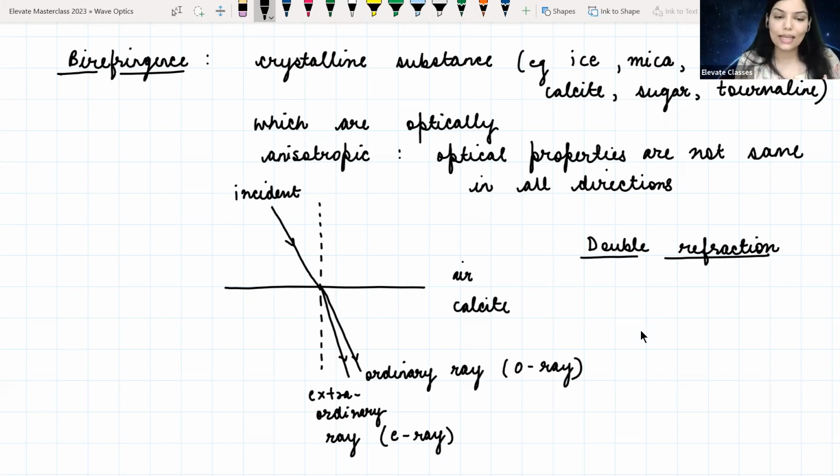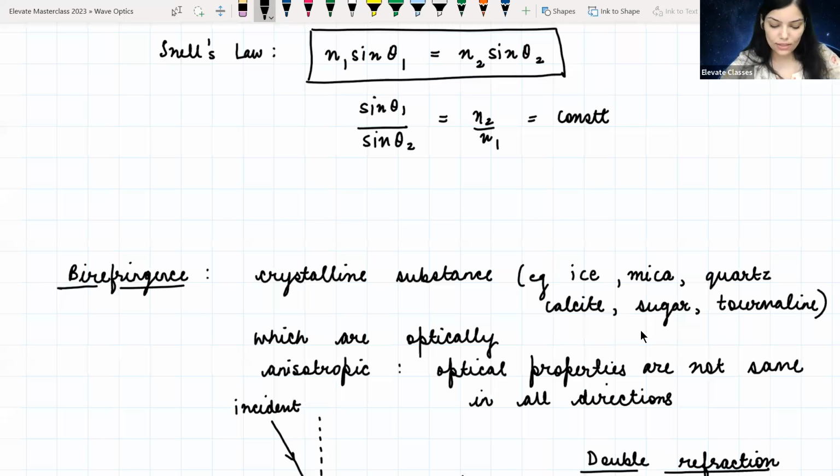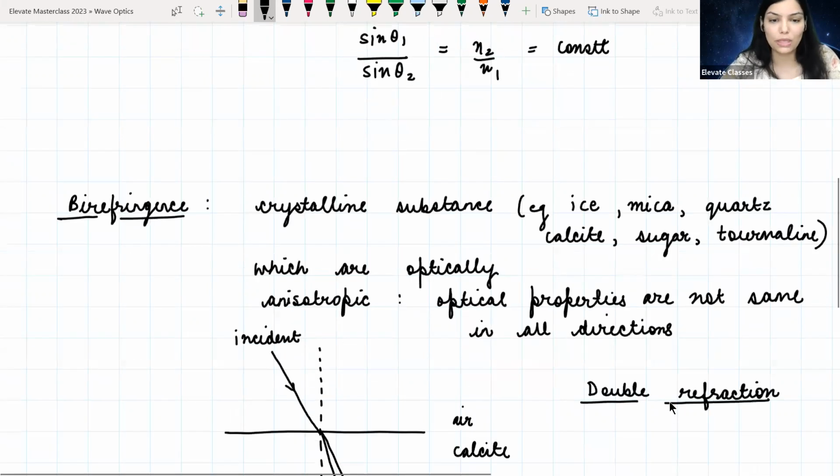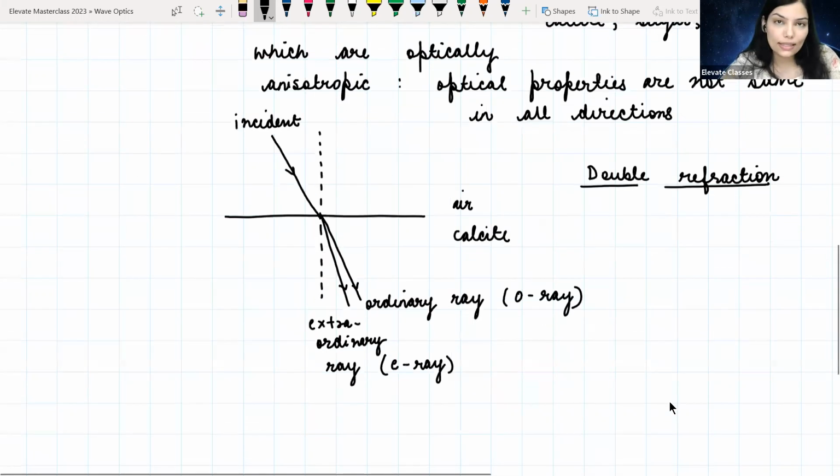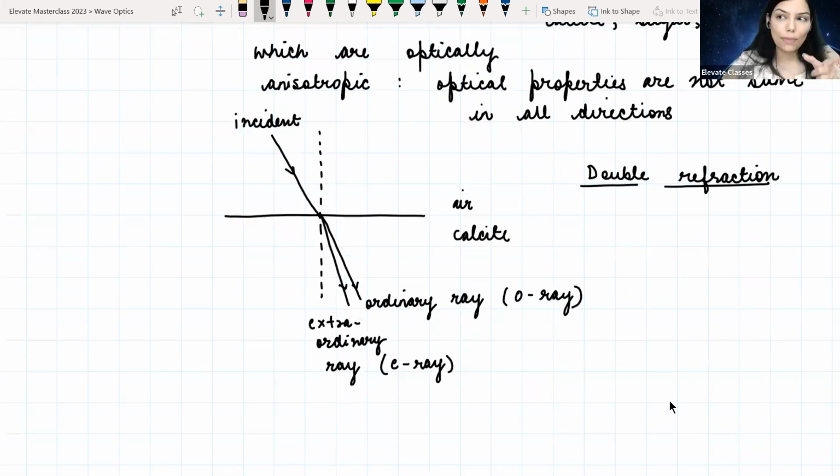So this is the ray which will not follow Snell's law, because in Snell's law, if I take sine theta 1 divided by sine theta 2, and because n2 and n1 both are constants, the ratio should come out to be constant. But here for the extraordinary ray, it depends on which direction the ray is propagating, which is decided by the incident light.